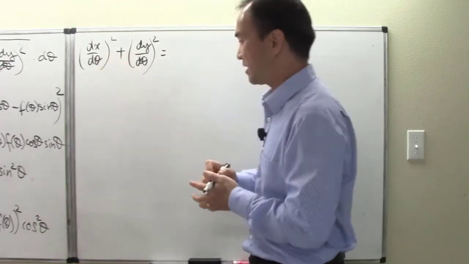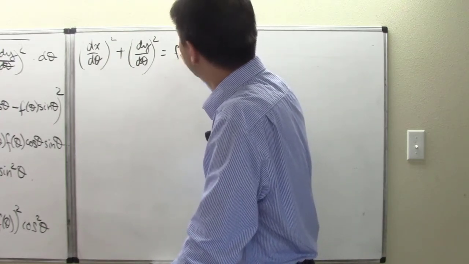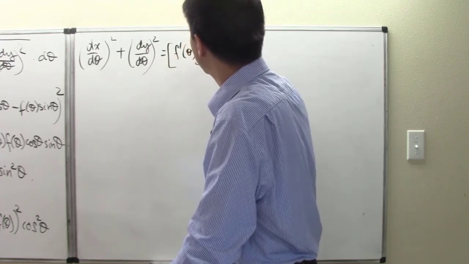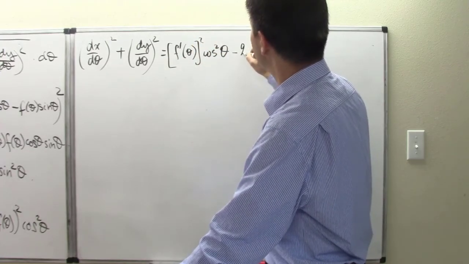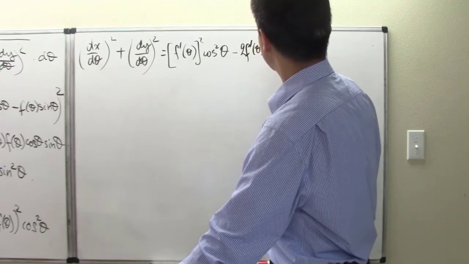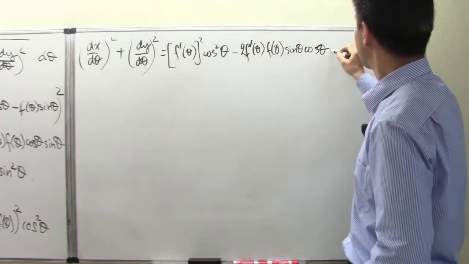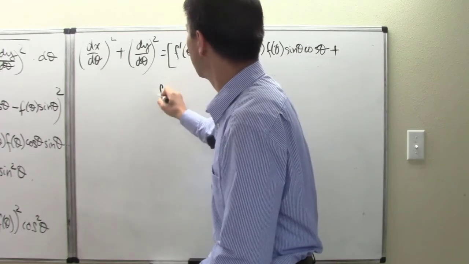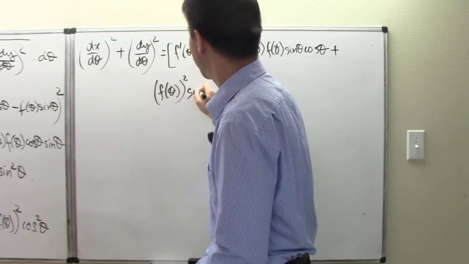That gives me f prime of theta all square times cosine square theta, minus 2 times f prime theta times f of theta times sine theta times cosine theta, plus f of theta all square times sine square theta.